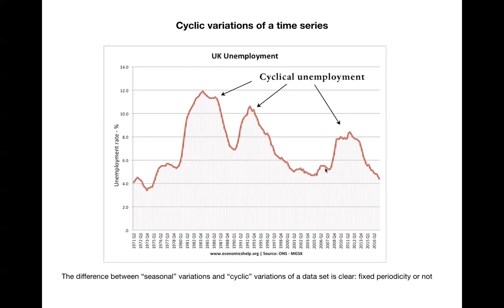Then a much longer time later, another one varies. So these are cyclic unemployments, and they don't have a fixed periodicity. If it's a seasonal variation, we know that in winter it's going to go up and in summer it's going to go down. But for cyclic variation, you can't predict them because most of them do not have a fixed periodicity.